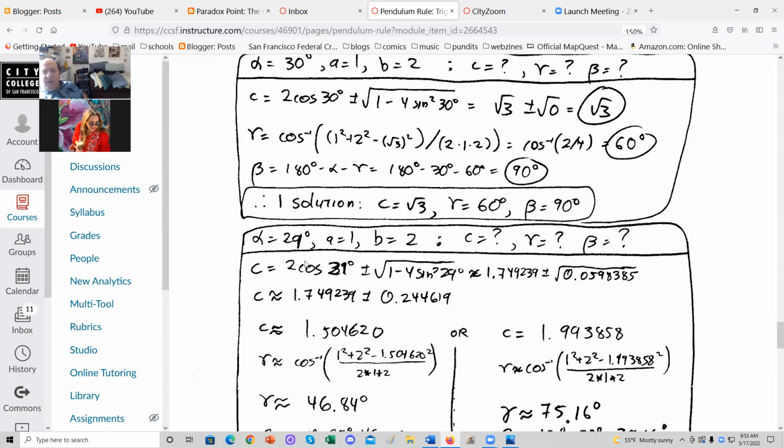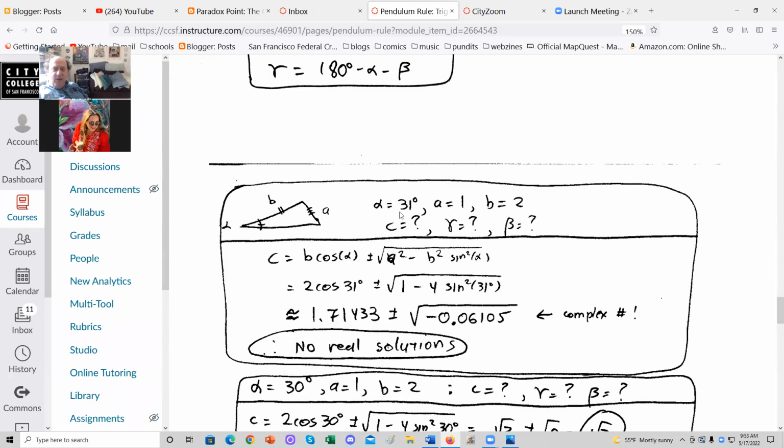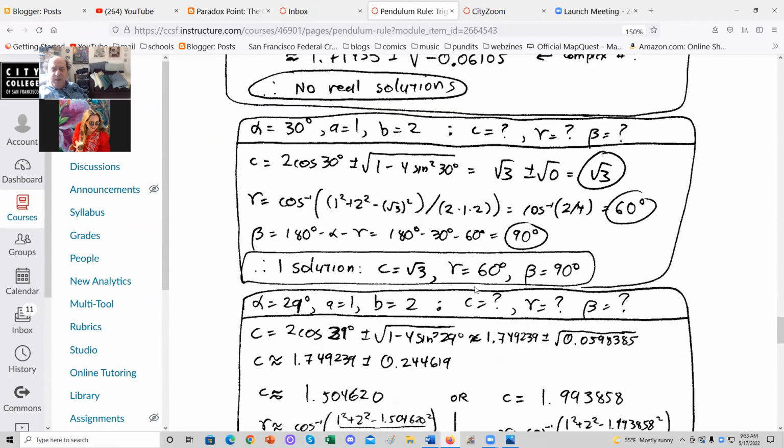If we have alpha is 29 degrees rather than 30 degrees, and these are sides 1 and 2. All right. Here, alpha was 31, the pendulum missed the ground. Here, alpha is 30, the pendulum hits the ground at 1 value.